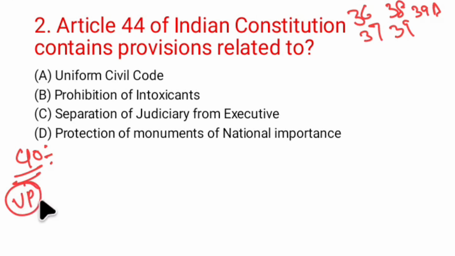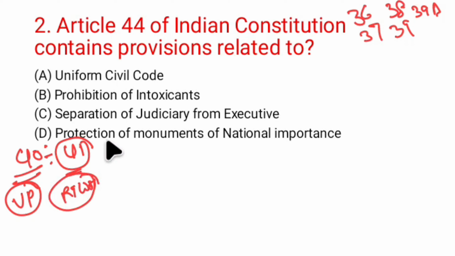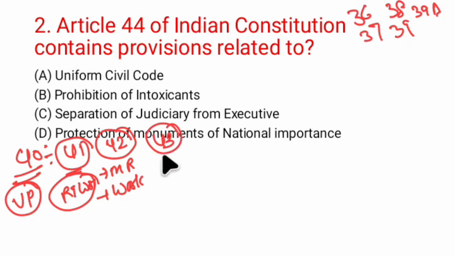This is the Gandhian principle. Article 41 talks about the right to work, Article 42 talks about maternity relief and just and humane conditions at the workplace, and Article 43 talks about providing adequate living wages for workers, and also promotion of cottage industries.